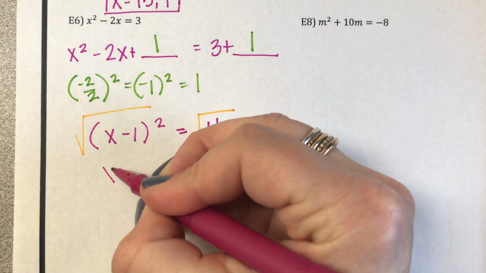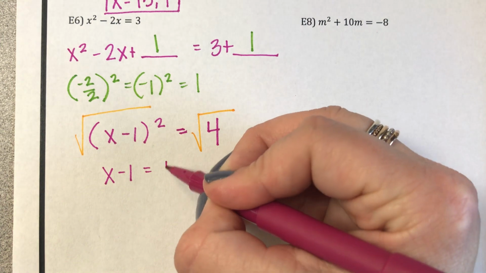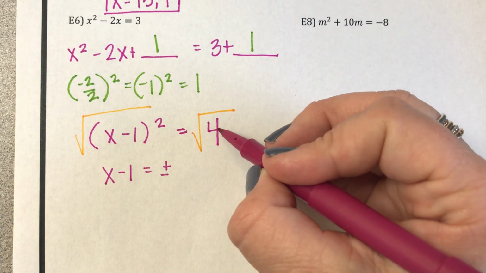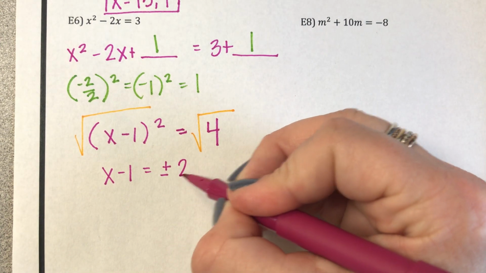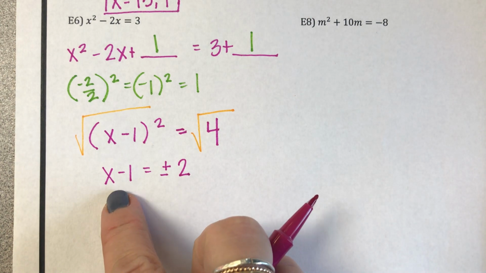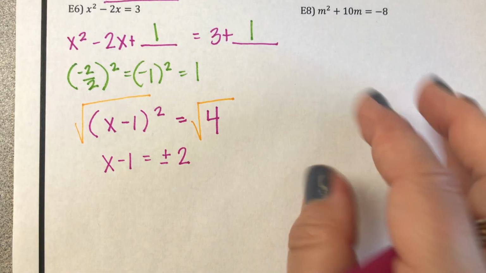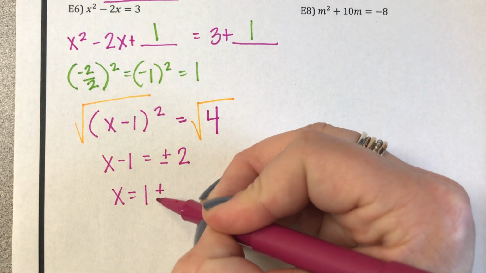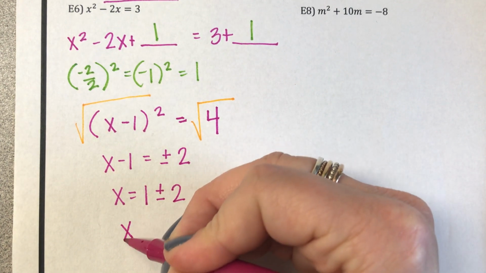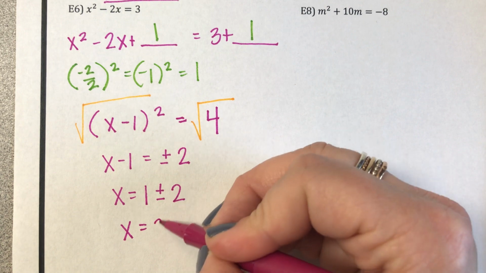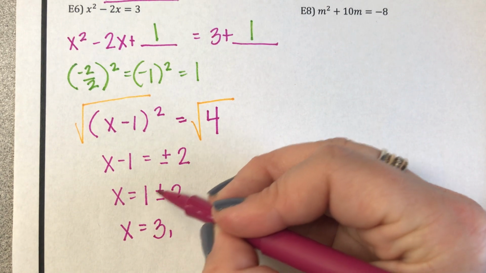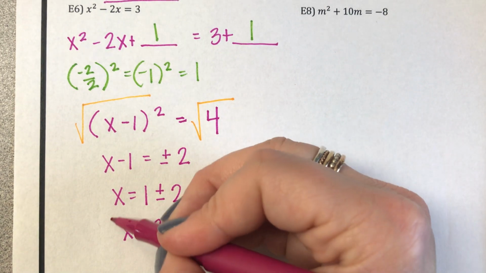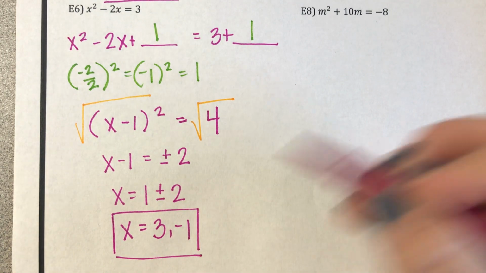Now I have x minus 1 equals plus or minus the square root of 4, which is 2. I don't want x minus 1, I just want x, so I'm going to add 1 to both sides. So x equals 1 plus or minus 2. 1 plus 2 is 3. 1 minus 2 would be negative 1. And those are my two solutions.